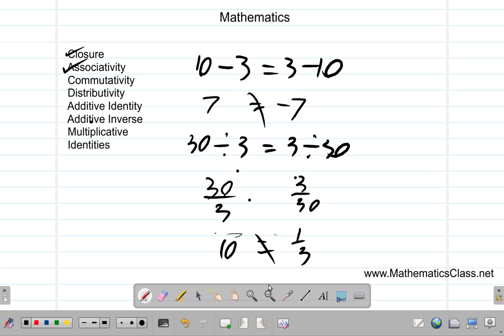So basically, division is not commutative. You see that? Alright. Commutative means to travel. So the numbers can travel back and forth. You can rewrite the numbers in a different position, a new position where they travel back. So that is commutativity.